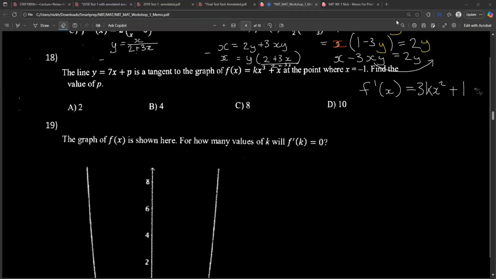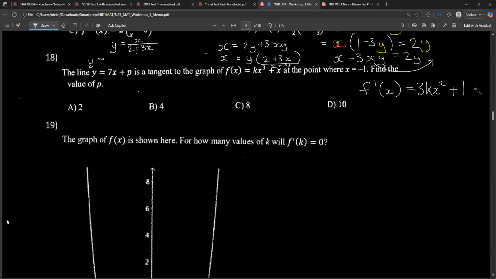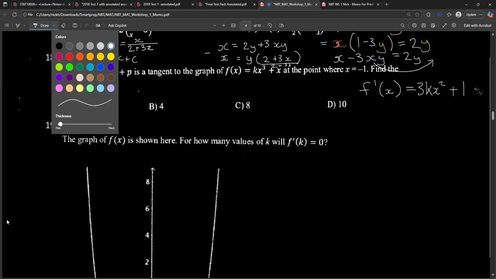This comes from the fact that y equals mx plus c. That's a straight line, plus c, so m is our slope.